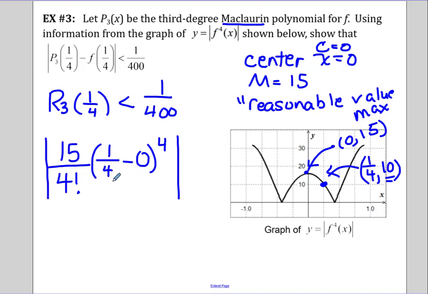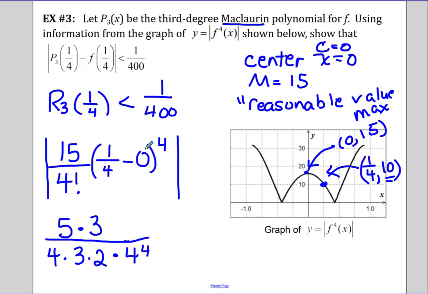Again, I'm taking this formula back from the beginning of the lesson. So without a calculator, let's think about 15 can be 5 times 3, and 4 factorial is 4 times 3 times 2 times 1, and 1/4 to the 4th power, we can put that 4 to the 4th power down below.